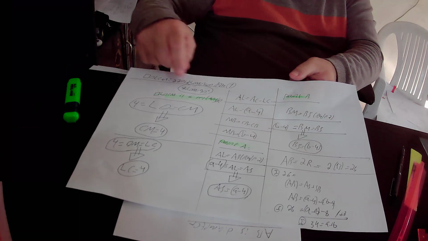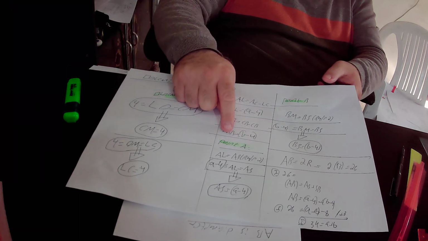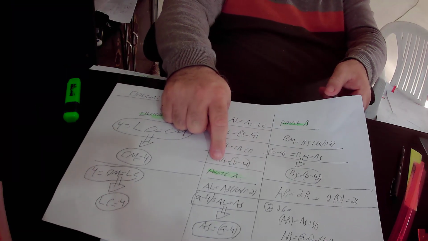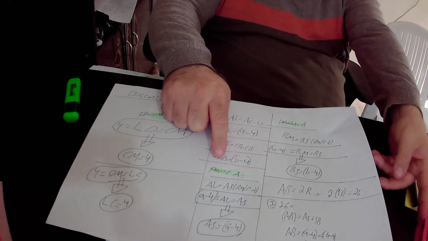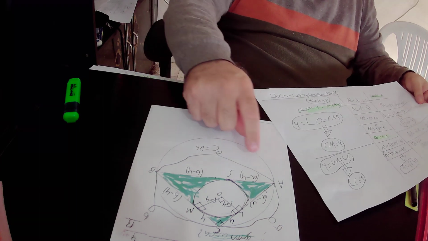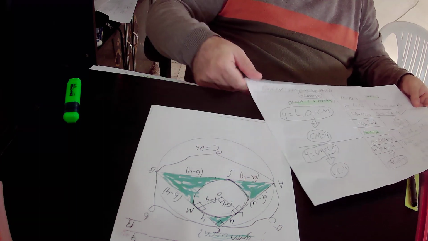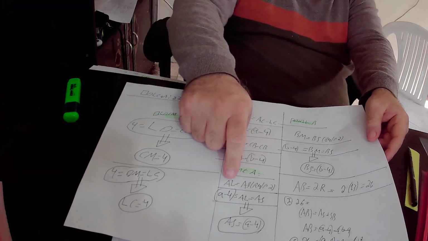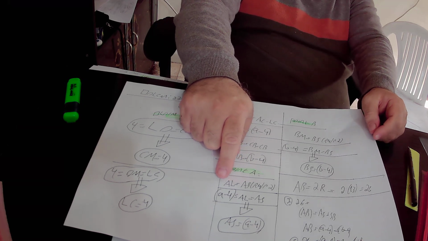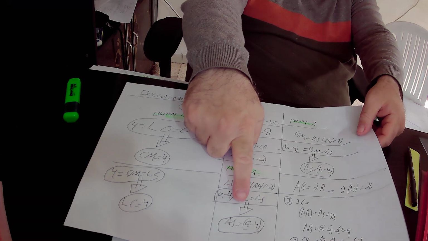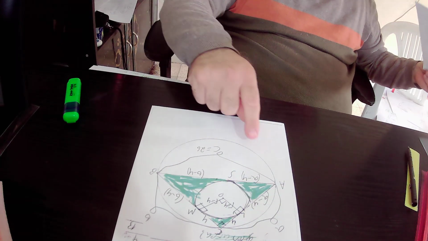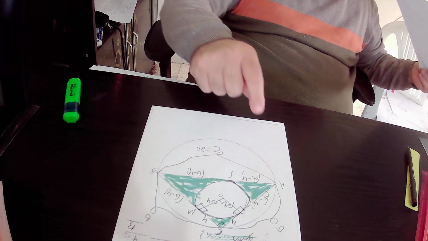So AN equals AS. But we have already found out that AN equals A minus 4. From this equation, we derive that AS is also equal to A minus 4.